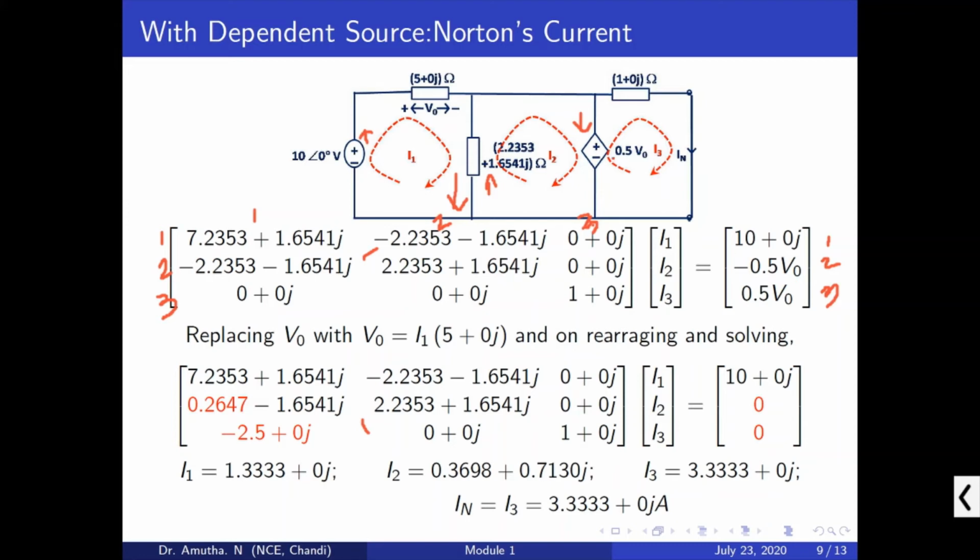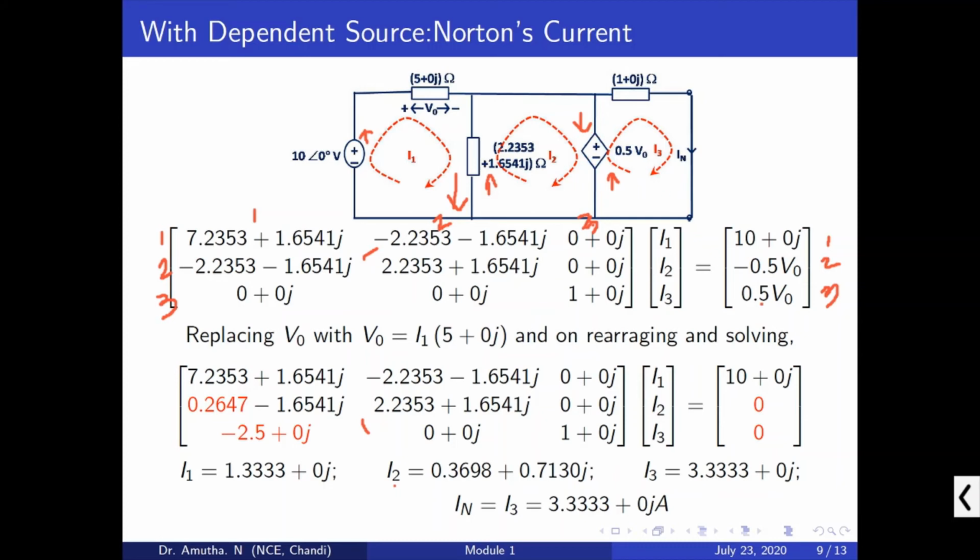While considering loop 3, the current direction of the loop current is this way, right? It is aligned with the dependent voltage source, so we are considering it as a positive value.